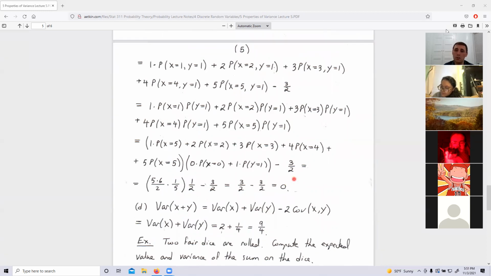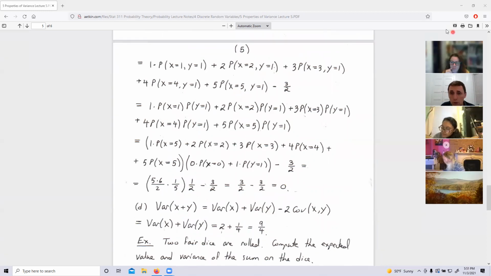If you understood it in a general setting, you'd know that you'd get 0, because here you have every x matched against every y, and the probability that x equals the number k and y equals the number j is simply probability x equal to k times probability y equal to j. Yes, they split. Make sense?